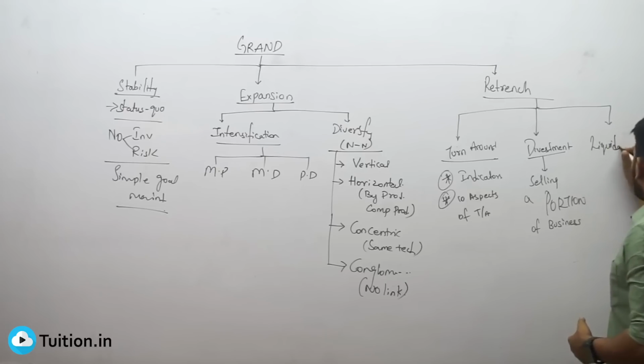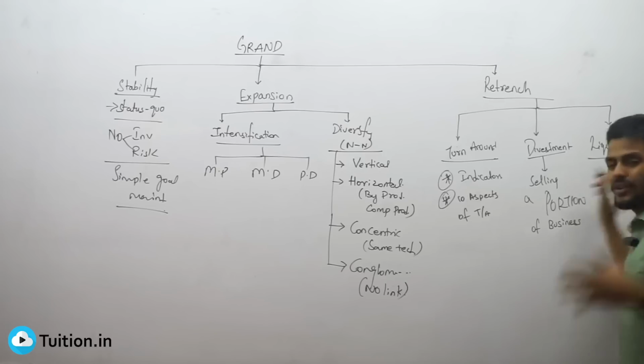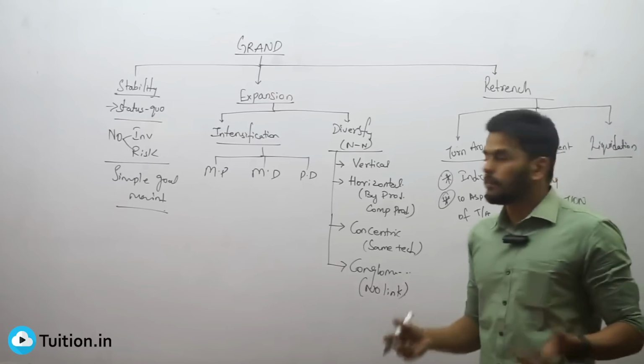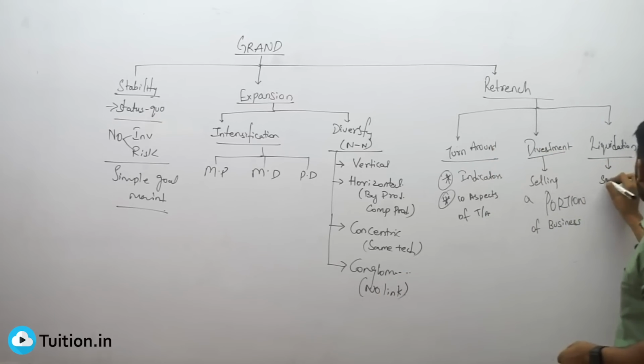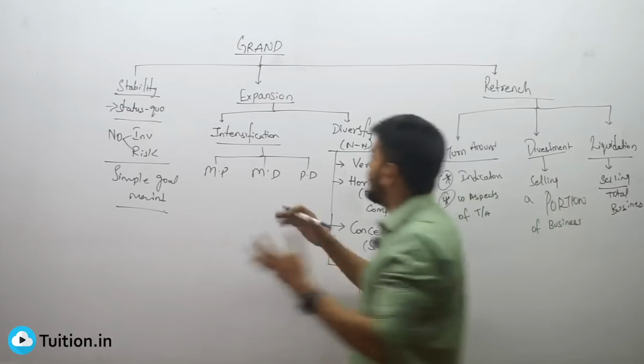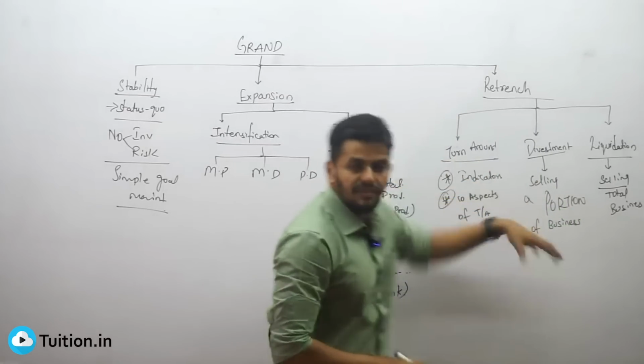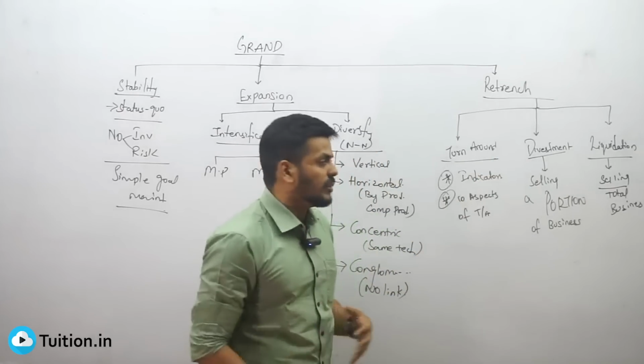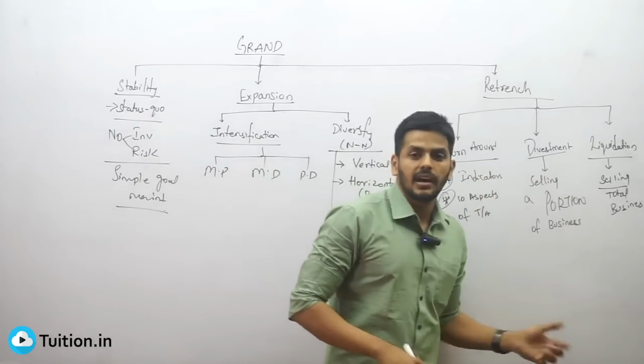Liquidation is a last strategy, because no businessman wants to kill his own business. Liquidation is about selling the total business, so there's nothing that you're looking out for anymore. It's completely gone, right? So guys, turnaround. If it's not working out, divest, that is, sell a portion of the business. If that's also not working out, sell the whole business, right?